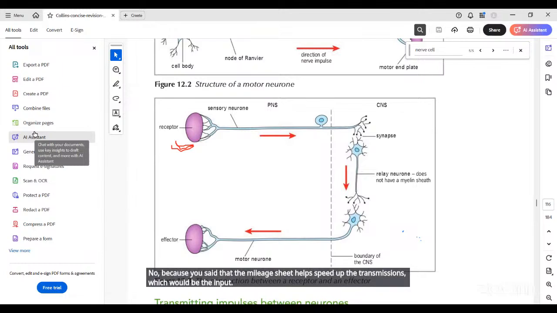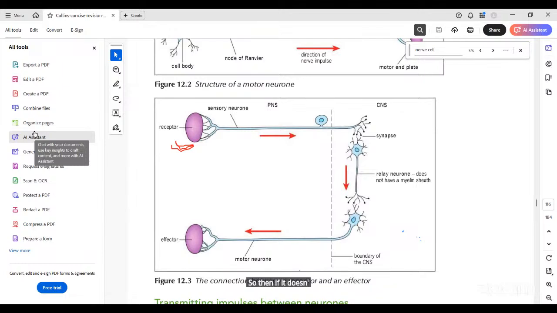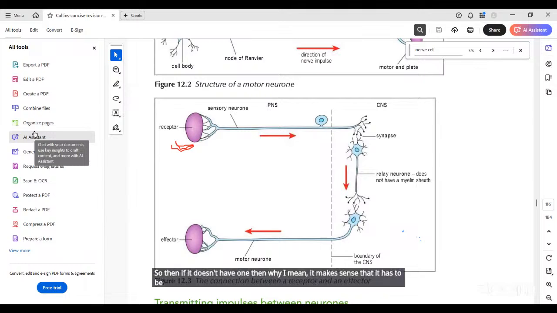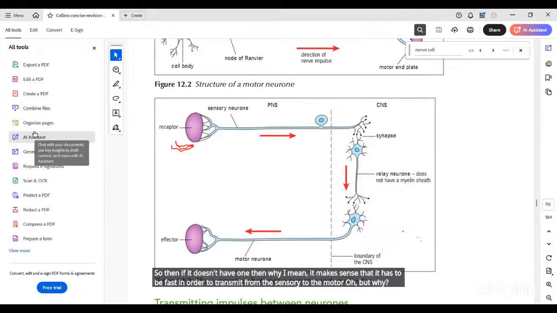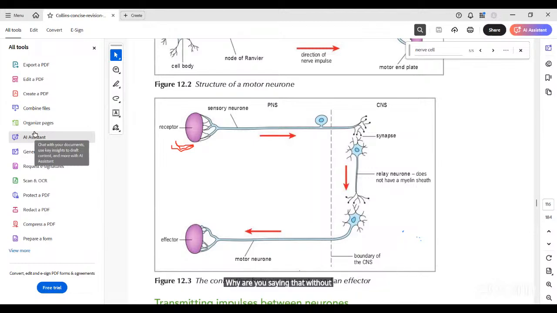Right. So if it doesn't have one, then why? It has to be fast in order to transmit from the sensory to the motor. But why are you saying that without the myelin sheath it would be fast? I'm asking you. But I don't understand. Yeah, I don't understand. That's why I'm asking you.